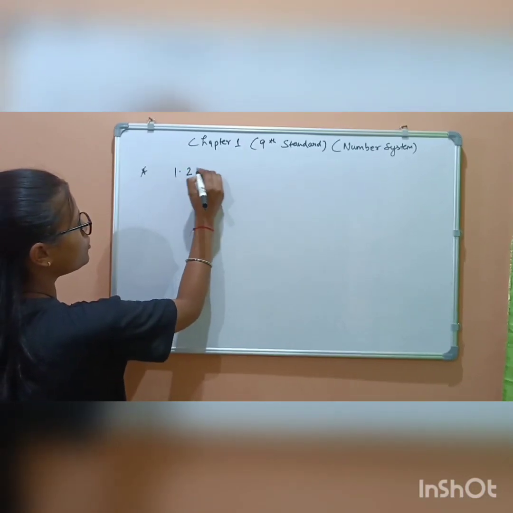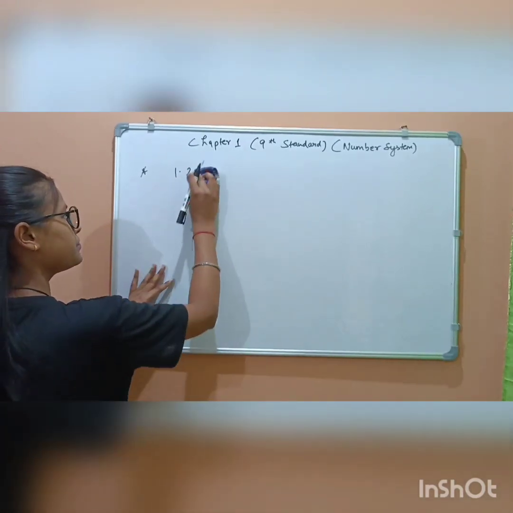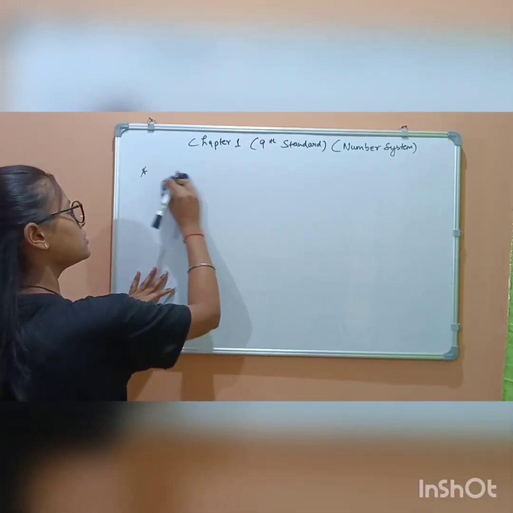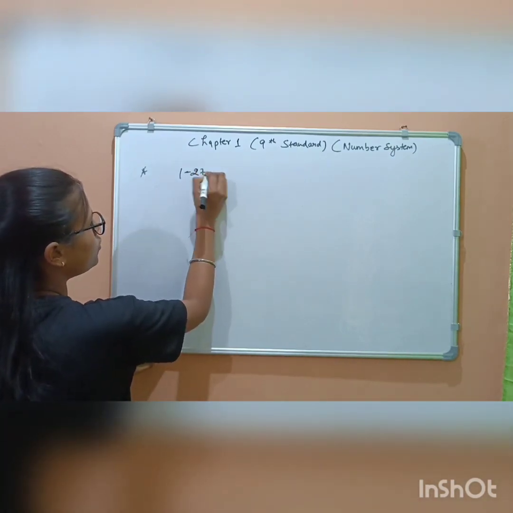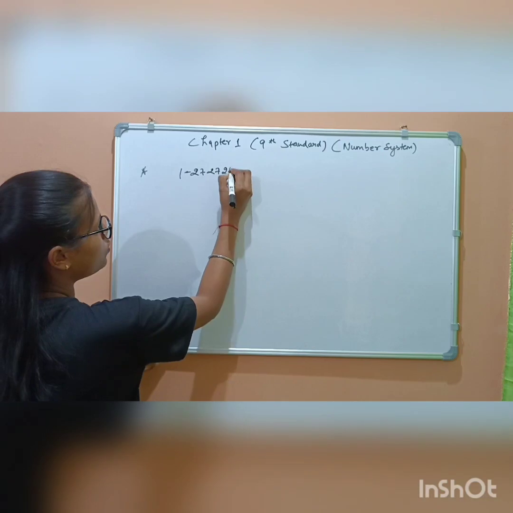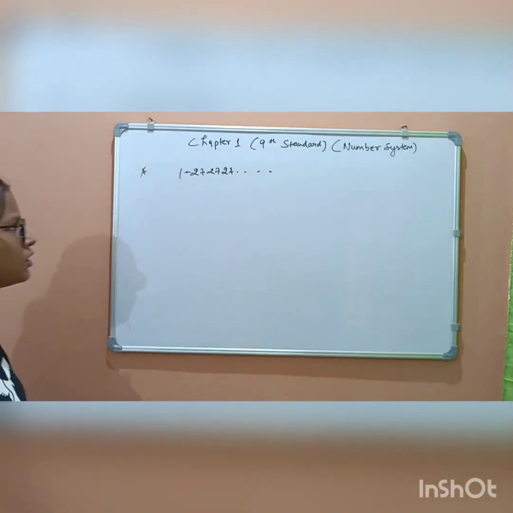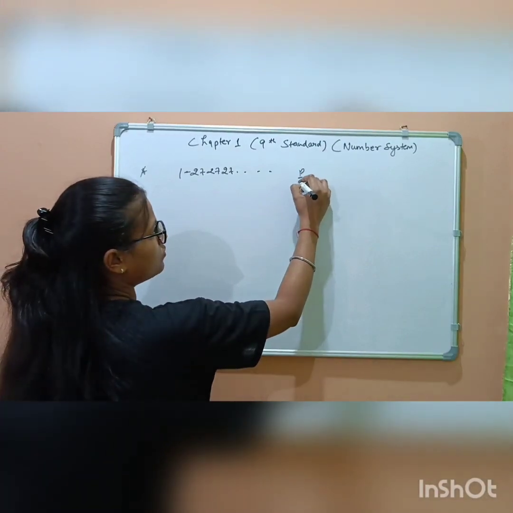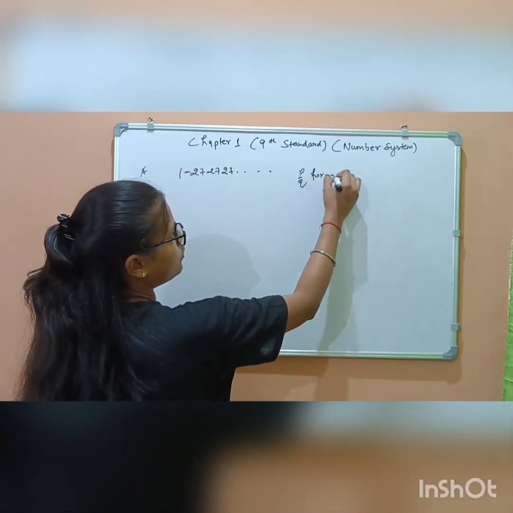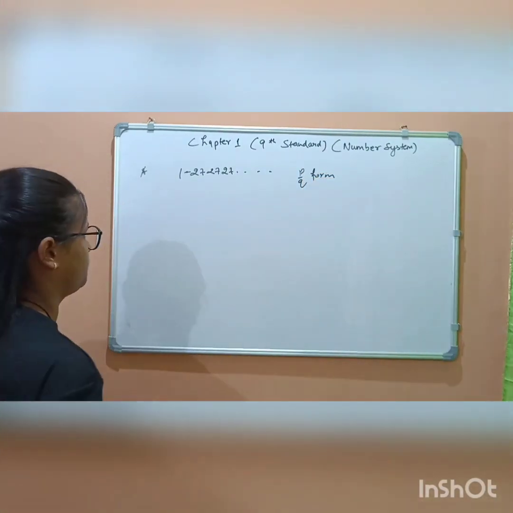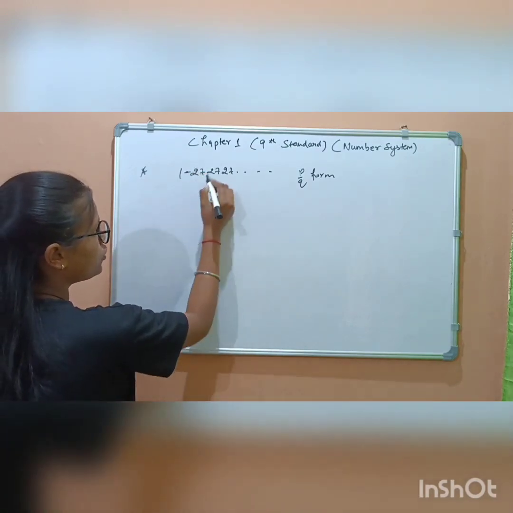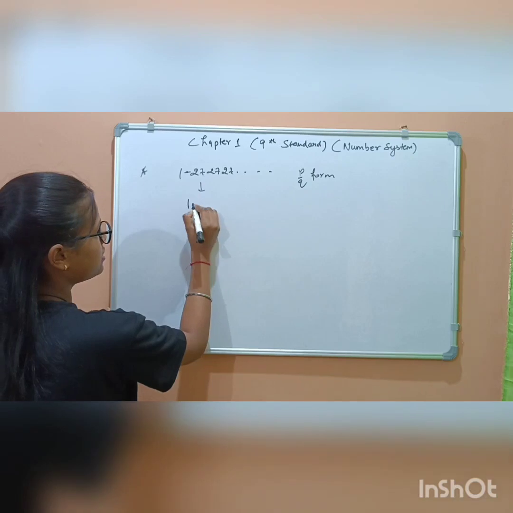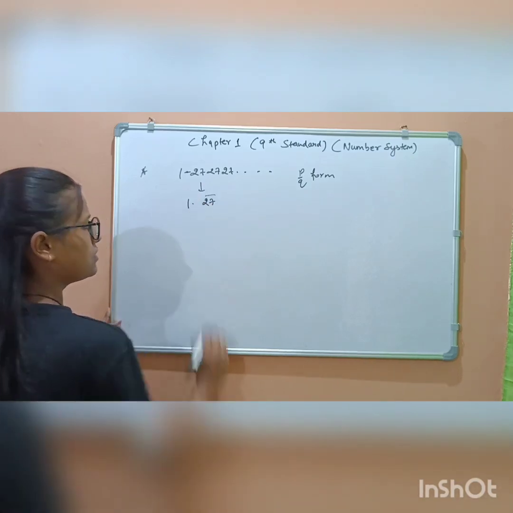Second, if I have to show 1.27277 and so on in p by q form, what I have to do is simply, you can clearly say it is nothing but 1.27 bar.